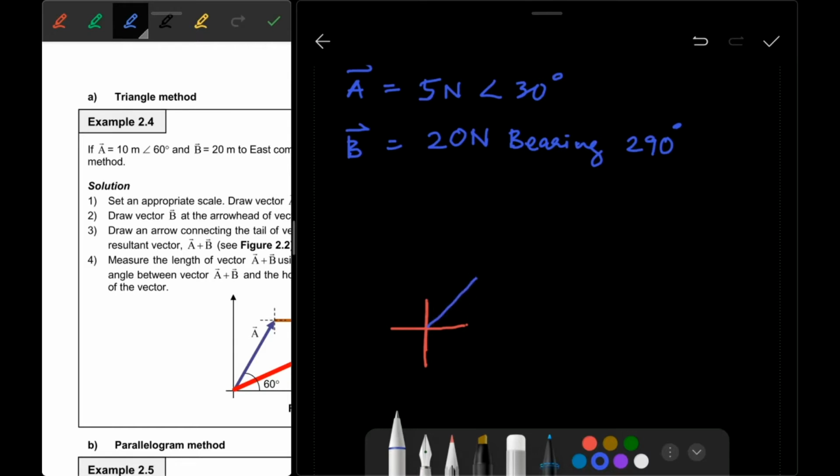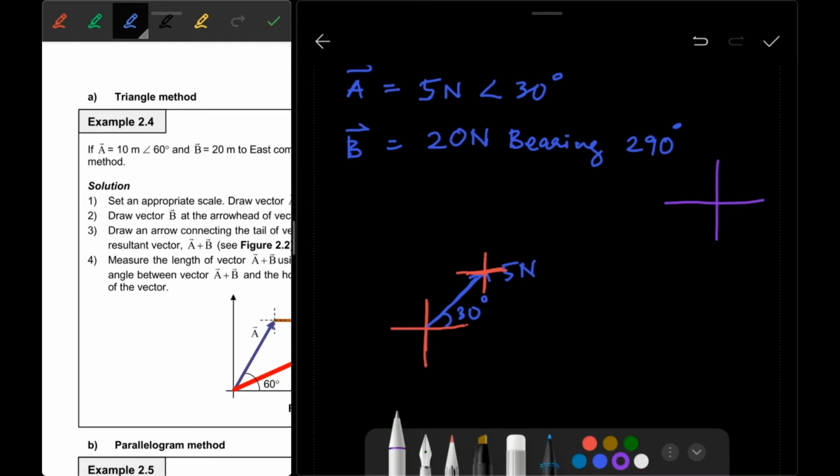So this is 5 Newton, and here is 30 degrees. Then vector B, 20 Newton, bearing 290. At the tip of the first arrow, you draw a small axis of x and y again.